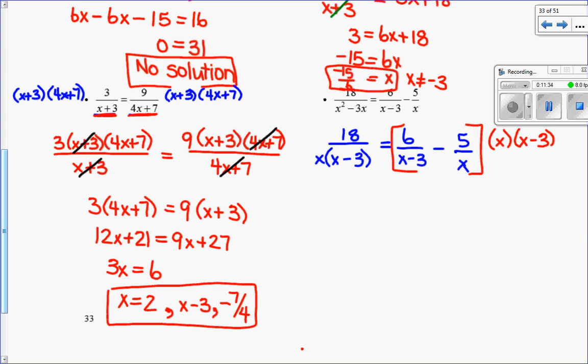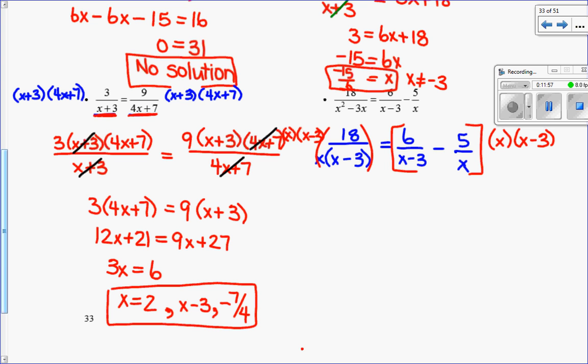Remembering then that that means I have to multiply the x times both terms and the x minus 3 times both terms. Okay, and I'm going to do the same thing on this side. I'm going to multiply x times x minus 3 times this whole thing.